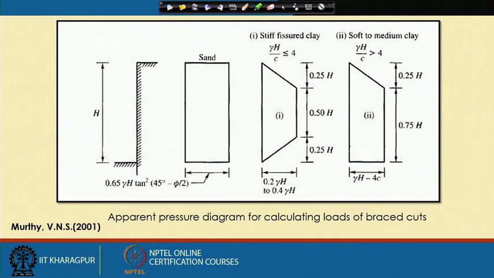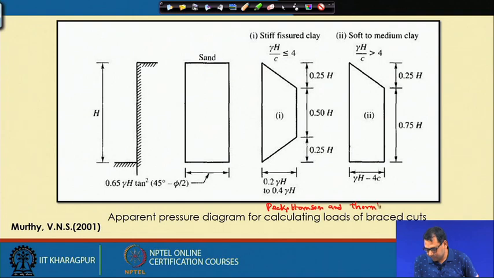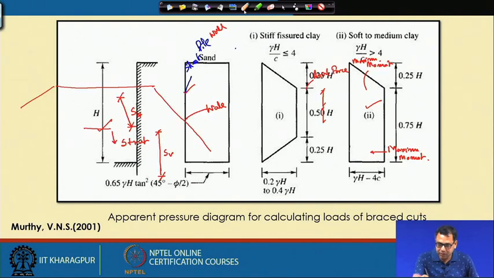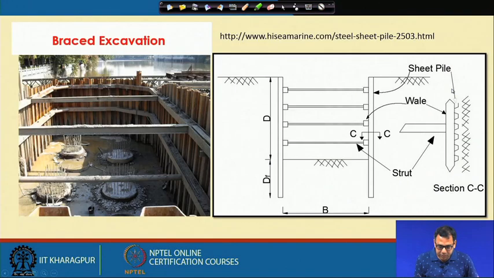Here the earth pressure distribution pattern is suggested by Peck, Hansen and Thornburn, 1974. The distribution depends on many factors, because this is not a free wall; there are axial supports or struts in between.